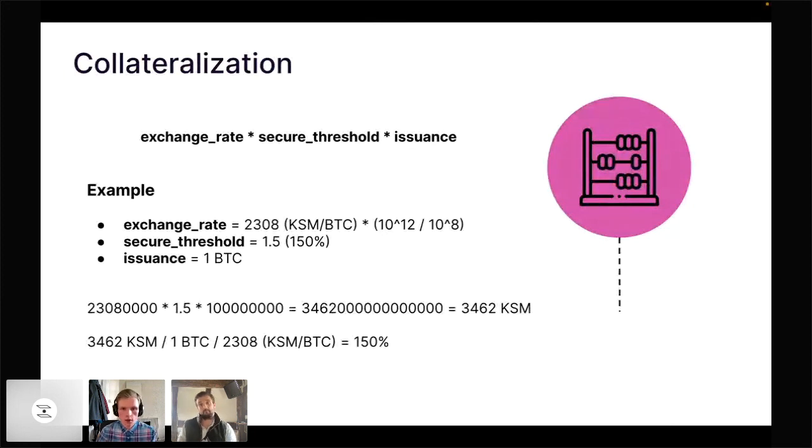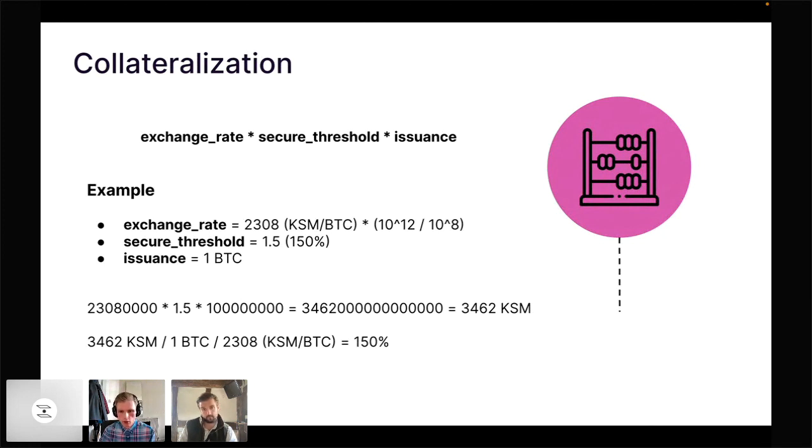Thanks, Chris. And we can see here a very simple calculation using the exchange rate from the Oracle module, as mentioned before, along with something we call the secure threshold. So this is the threshold required by the system for the vault to be sufficiently over-collateralized. I believe in the case of KSM, this is 260%.